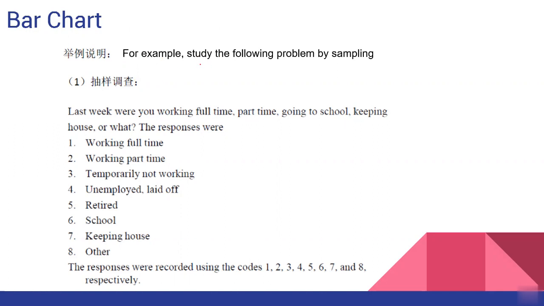For example, study the following problem by sampling. Last week, were you working full-time, part-time, going to school, keeping house, or what? We ask a number of people and record their responses on a piece of paper. The responses were 1. Working full-time, 2.